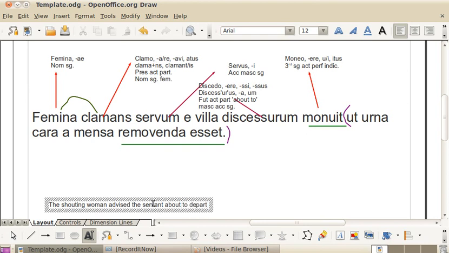And here we have our prepositional phrase. A is the preposition that means out of or away from. And villa is our first declension noun in the ablative singular here, simply meaning house. The reason why it's sort of placed between servum and discessurum, these two ideas in agreement, the author is being helpful, telling us that this prepositional idea pertains to the accusative phrase.